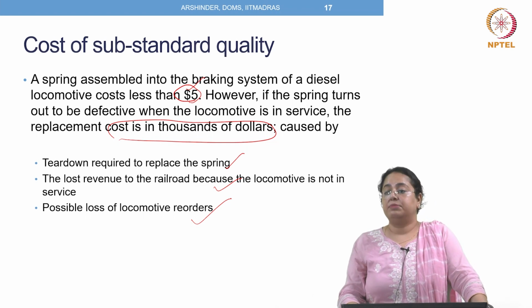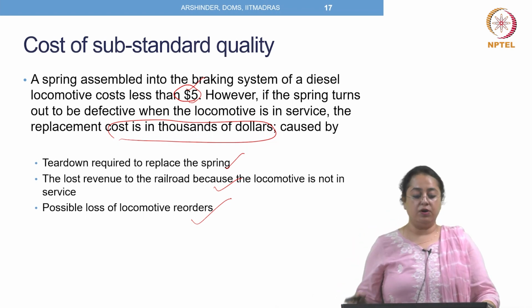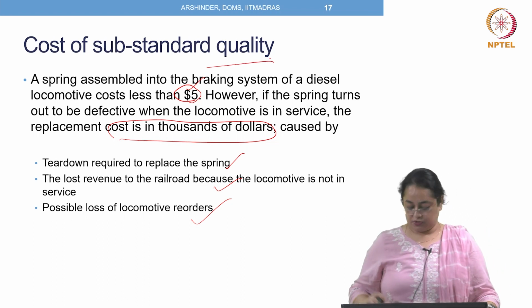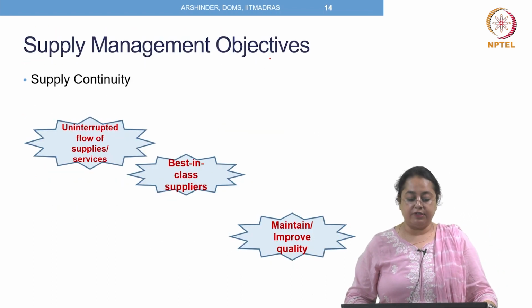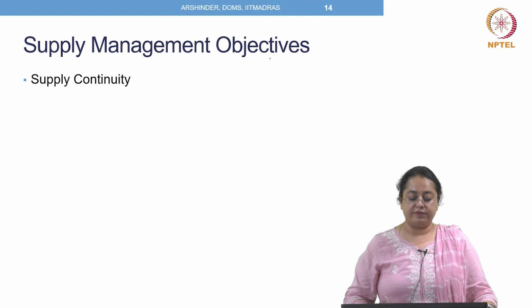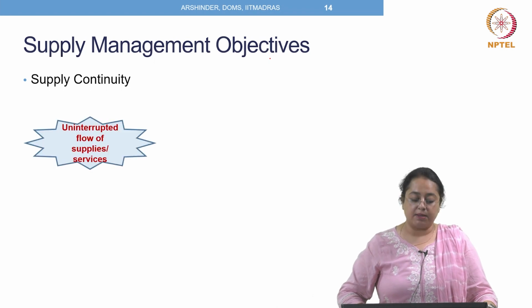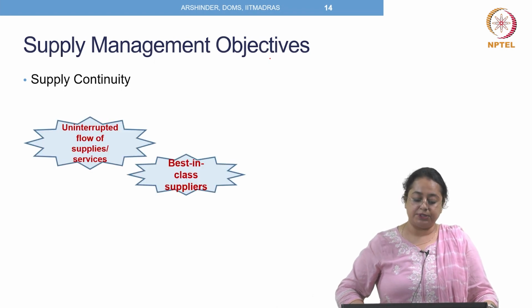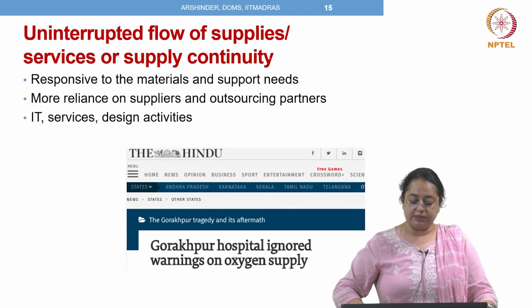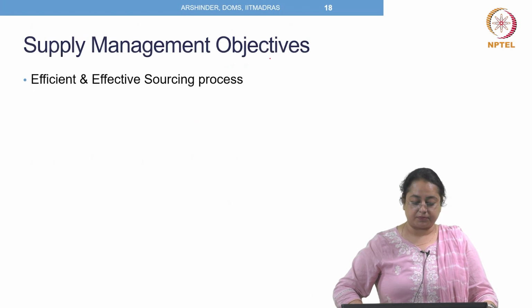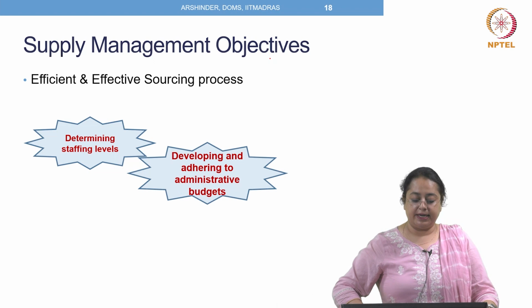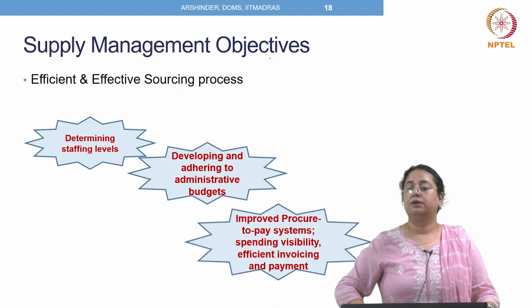The damage would be huge if we compromise on quality. That is why the second objective of supply management is supply continuity with uninterruption, best in class suppliers, focusing on quality.